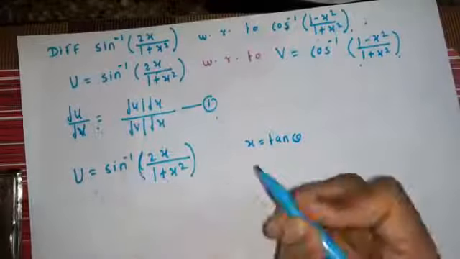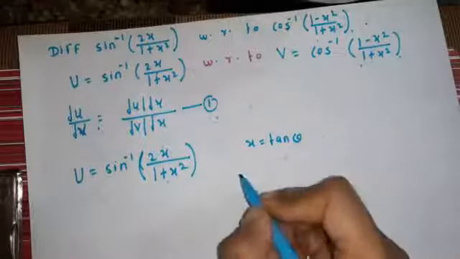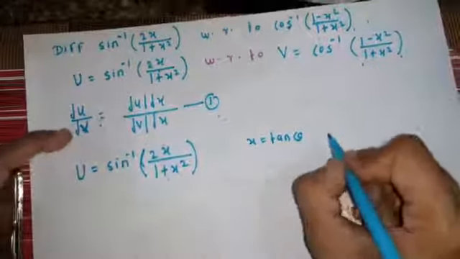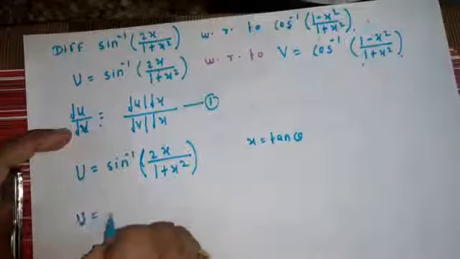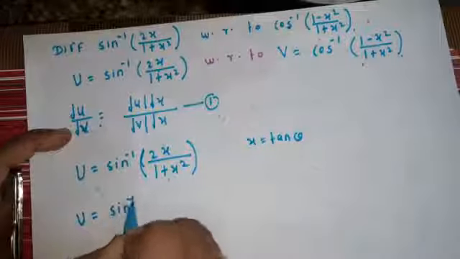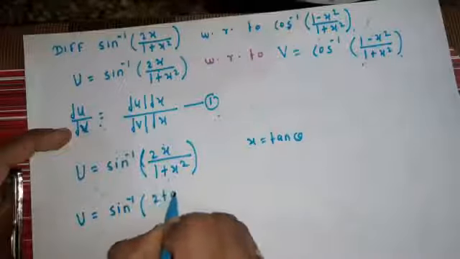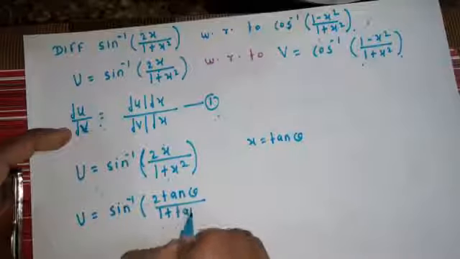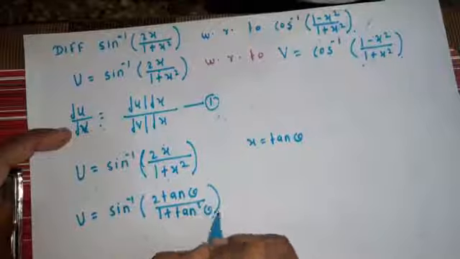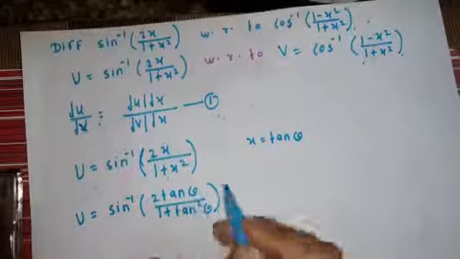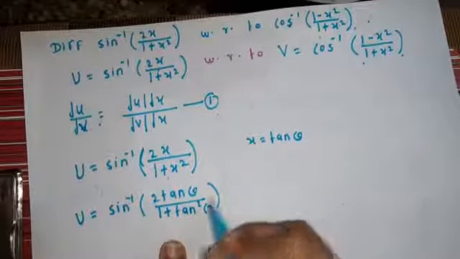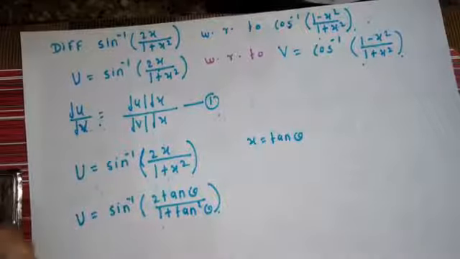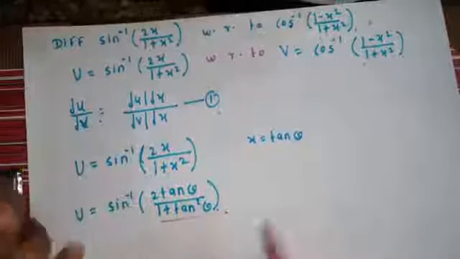Then the function u becomes u equal to sine inverse of 2 tan theta upon 1 plus tan square theta, and this is the formula for sine of 2 theta.